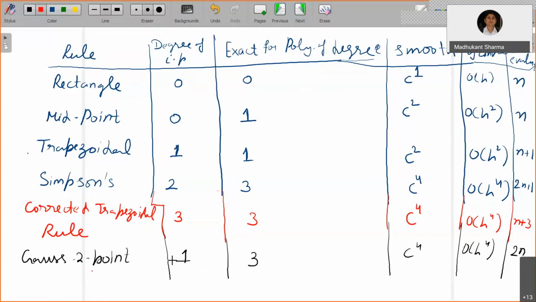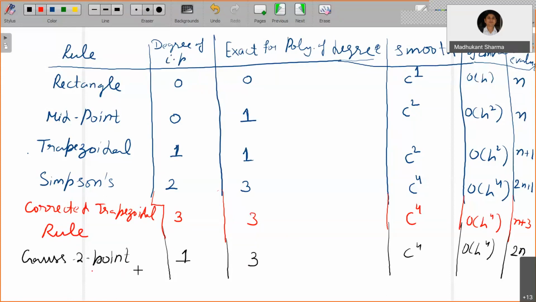Keep in mind that we are not going for composite rule. We are only extracting 3 points from the interval a to b or 4 points from the interval a to b. Those are called Gauss points. So we are not going for composite rule. We are only extracting the n points or k points, Gauss k points.